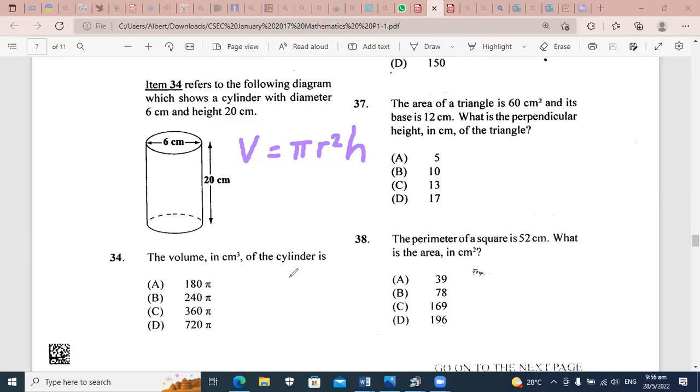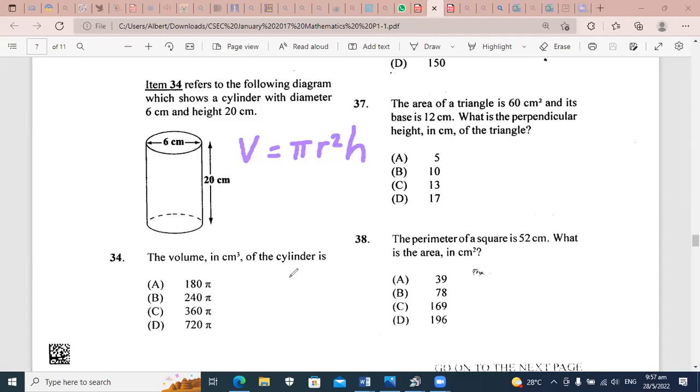What is the radius of that cylinder for me? Is it 6? No. Sir, would that be after 20 or after 6? No, the 20 is the height. Sir, it's 3, so the radius would have been 3.